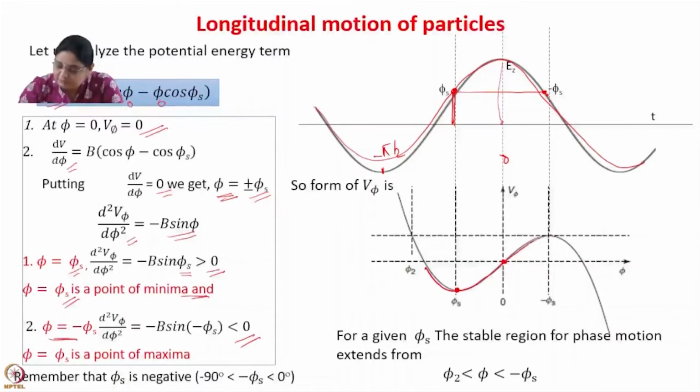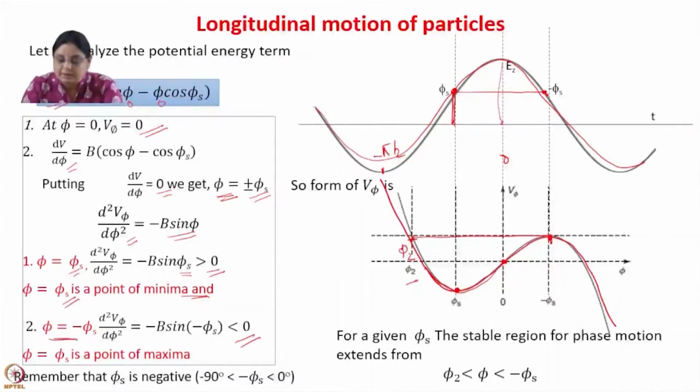So we see the potential will have a form like this. There will be a maxima at phi equal to minus phi_s, and since there is a minima here, the potential keeps on increasing like this in the other direction. So there is a potential well for phi between minus phi_s and some value which we can write as phi_2 here.